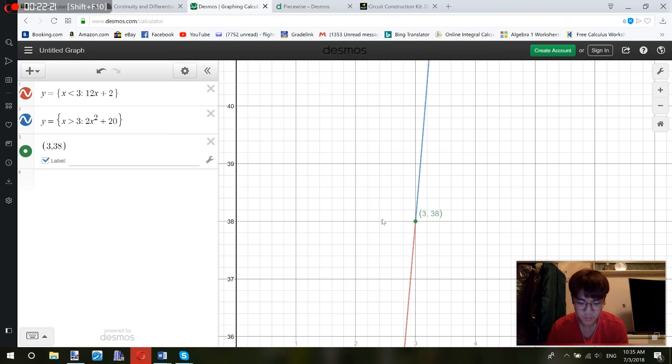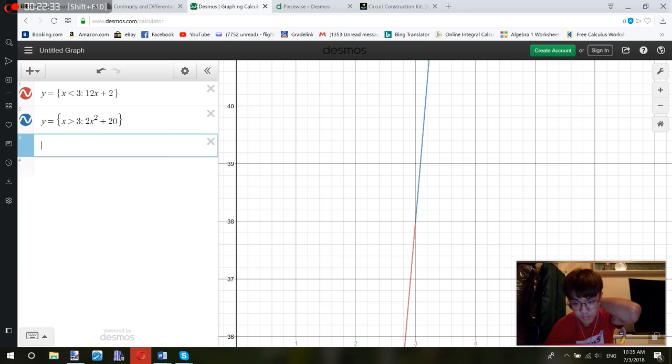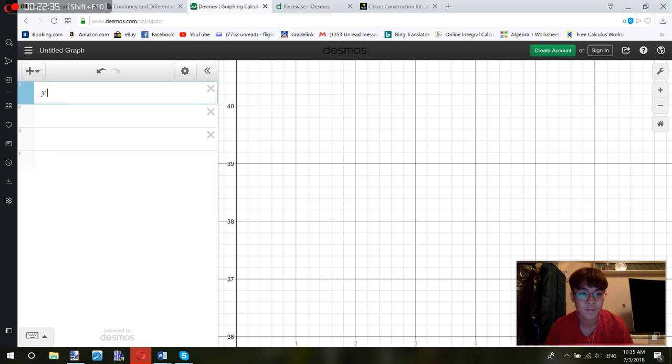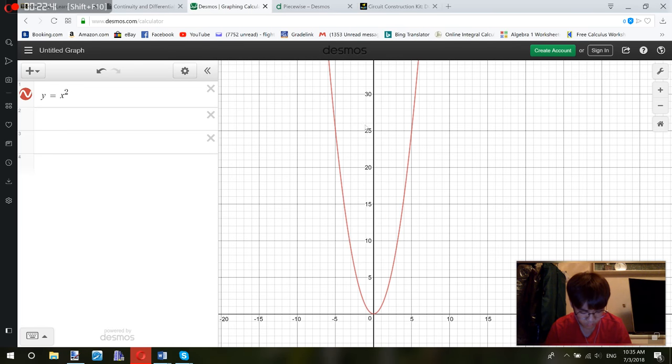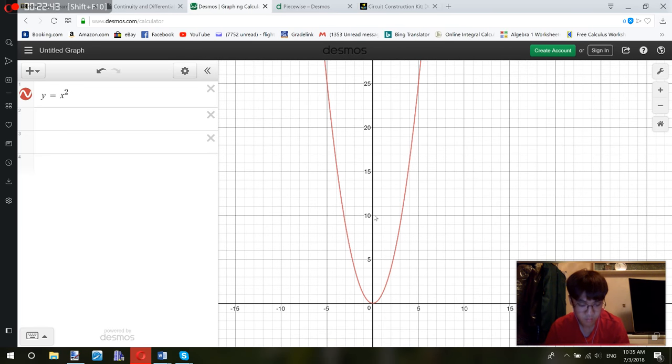How do you write the function to determine differentiable, like a straight line? Just like that. Okay, if you want something that's just continuous and differentiable, we could do something like this: y equals x squared. For every point on this parabola, we are continuous and differentiable, and we've got the general limit.